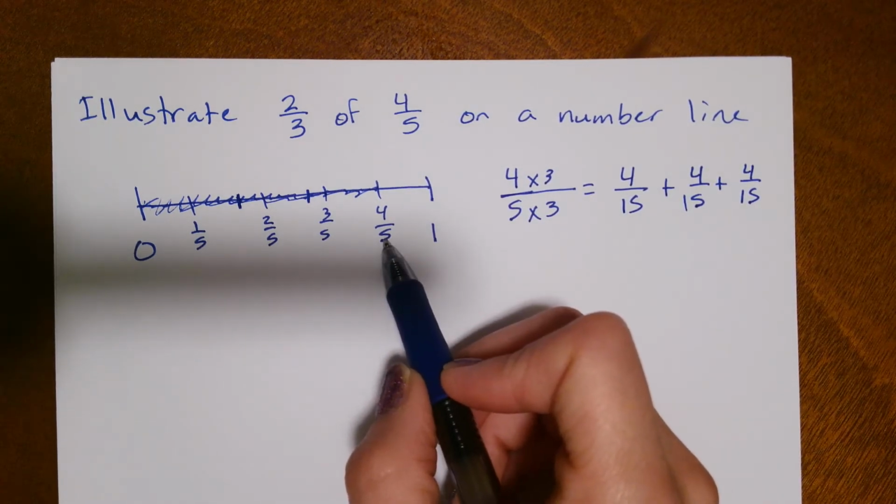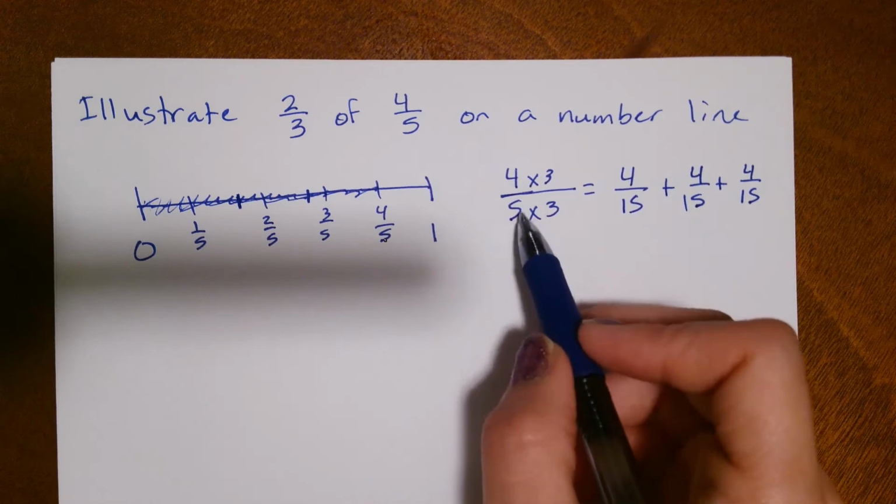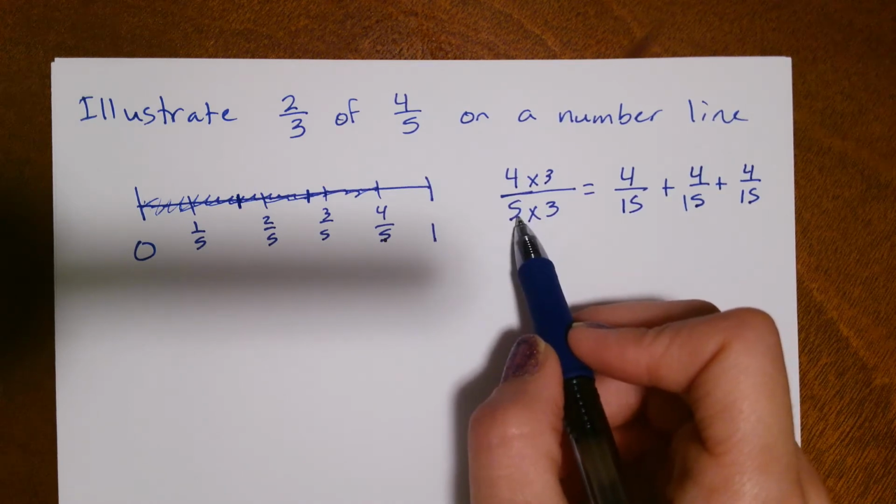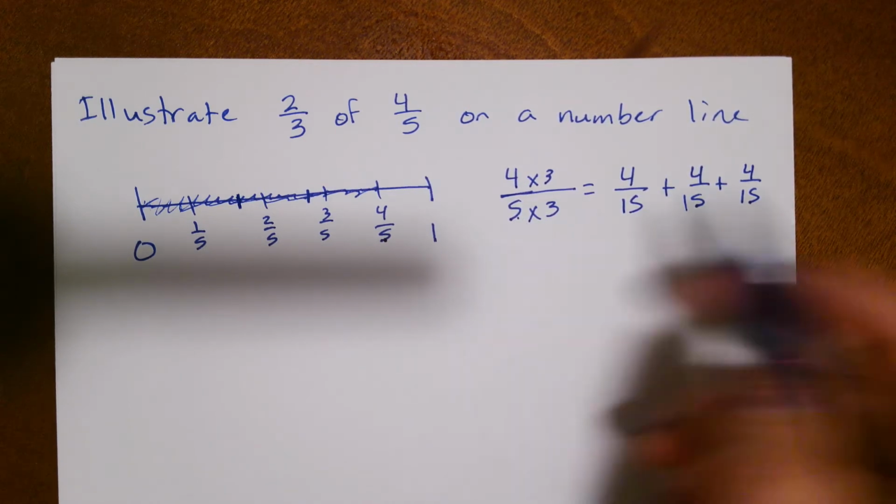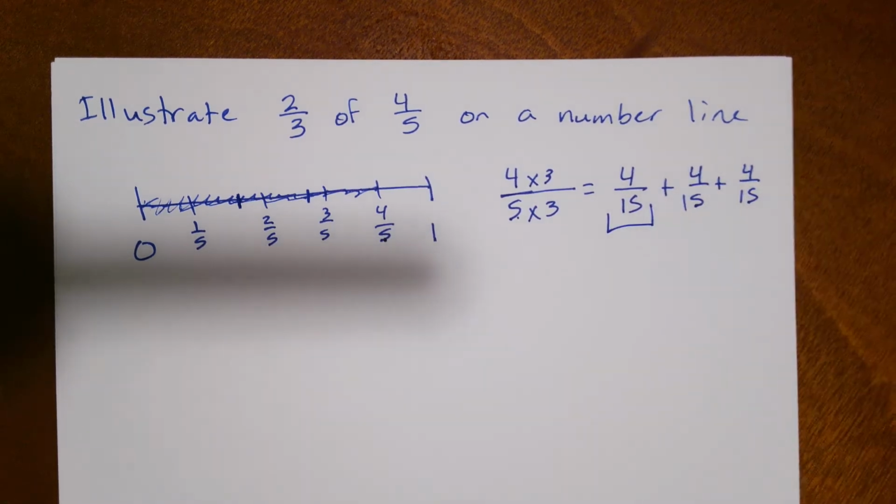So why is that important? What does that tell me? If I take 4/5 and break it into 3 equal pieces, each of those equal pieces is 4 15ths, right? 4 copies of 15ths.